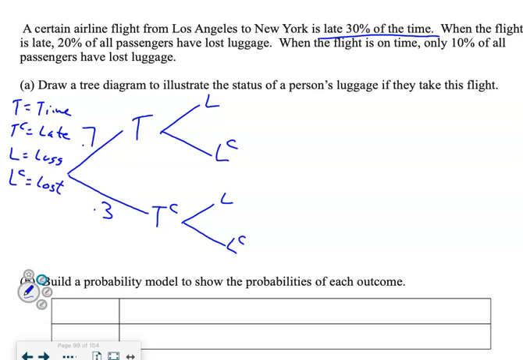Okay, so T stands for time, TC stands for I'm late, L stands for I have my luggage, LC means I lost my luggage.